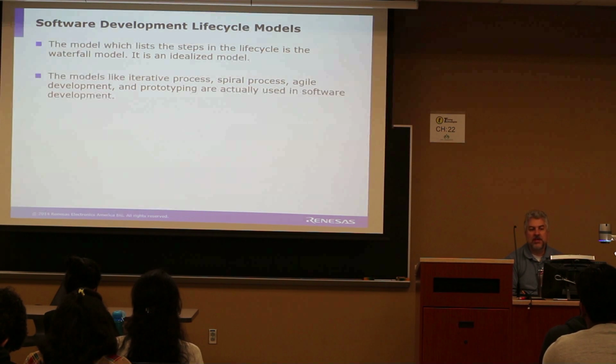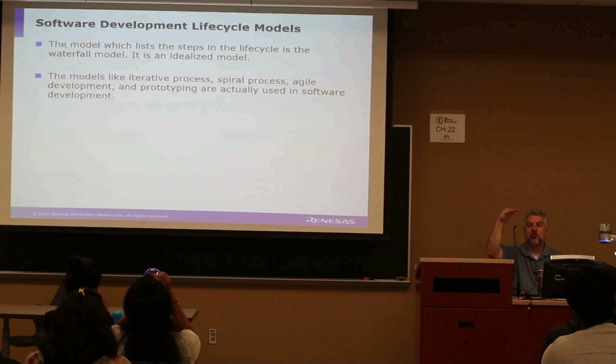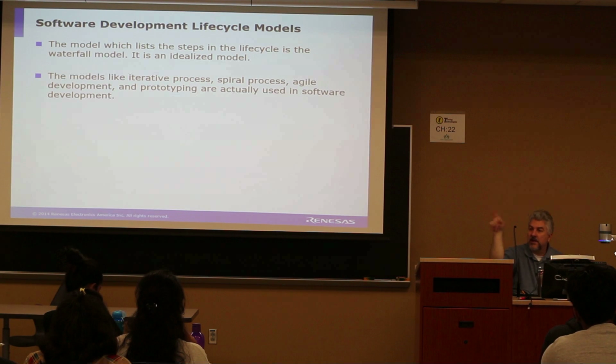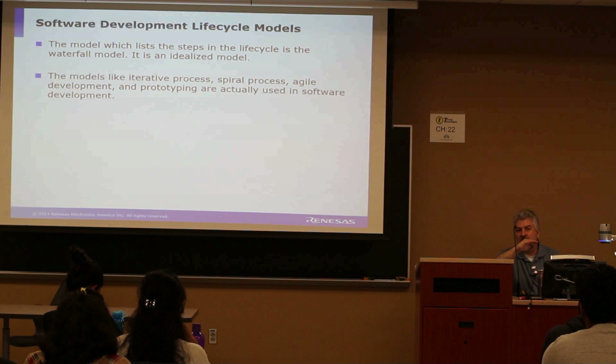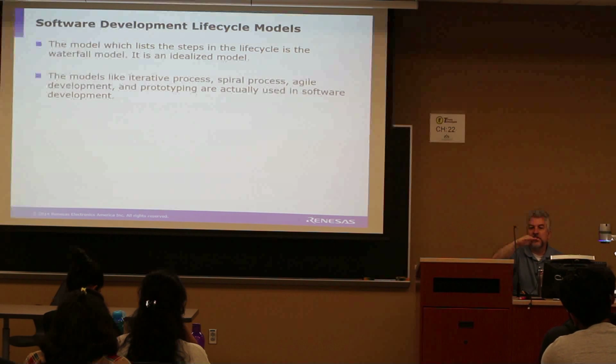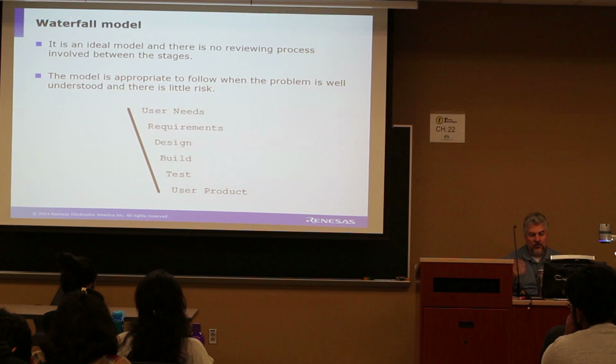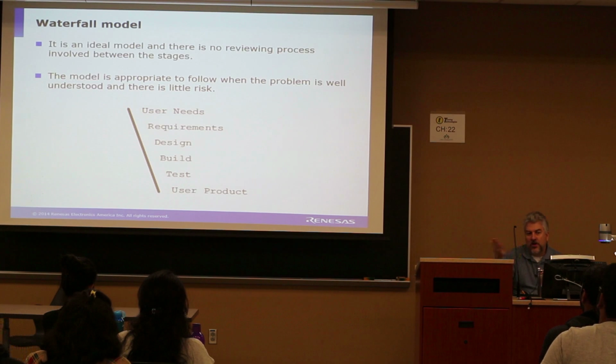Waterfall means that you finish one thing completely, like requirements, and then you finish the next one, which falls into the next, the specification. Then you finish that completely for your entire product or project, and then you get to detailed design, and then the coding. One just falls into the other: requirements, design, build, test, user, product.